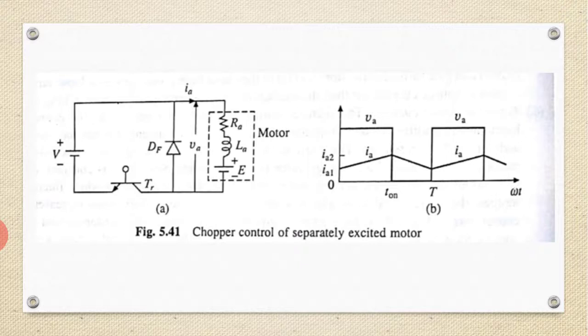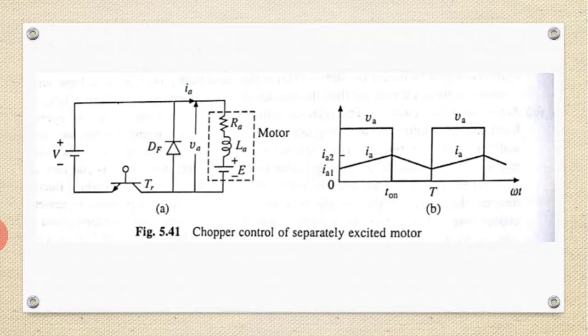The transistor TR is operated periodically with period T and remains on for a duration T on. So the transistor TR turns on between 0 and T on, and from T on to T the transistor is turned off.